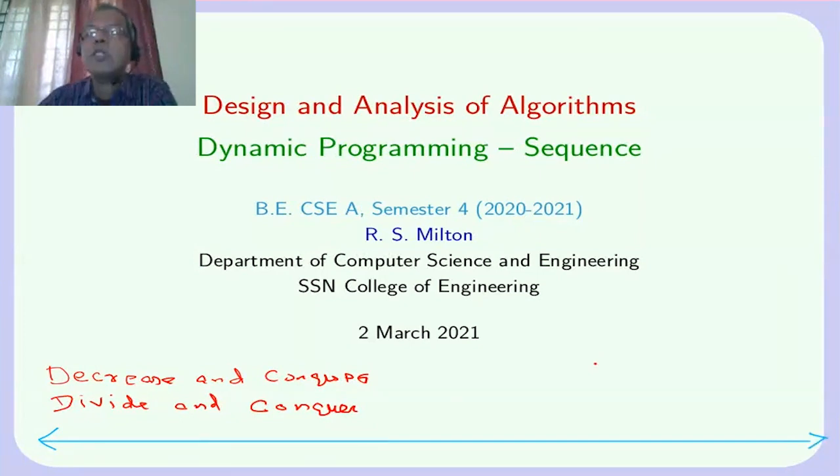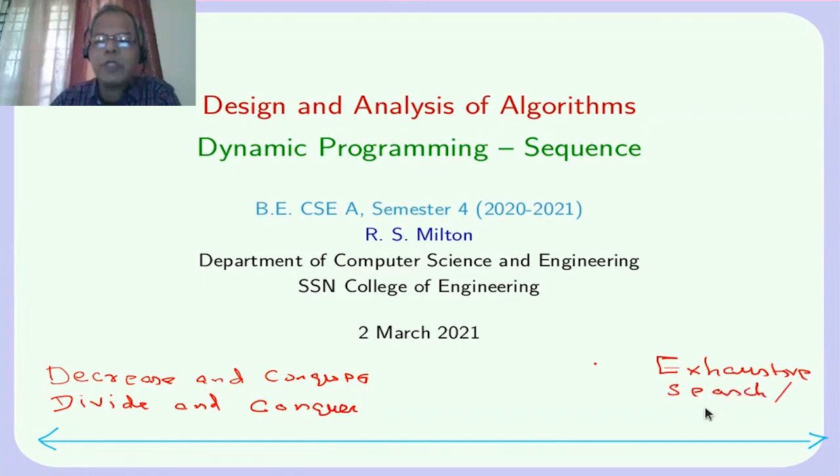At the other extreme end, we have exhaustive search, an example of which was enumerative search, roughly what we called brute force. In between, we have DP.